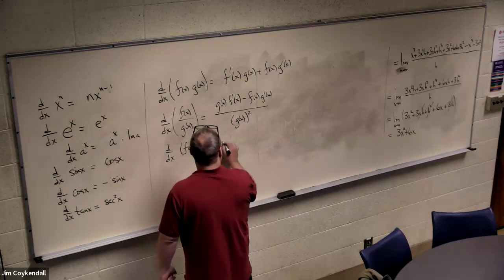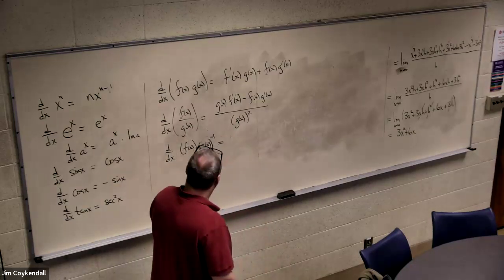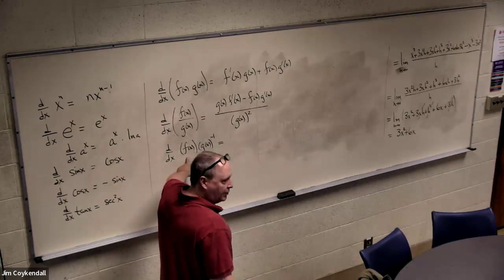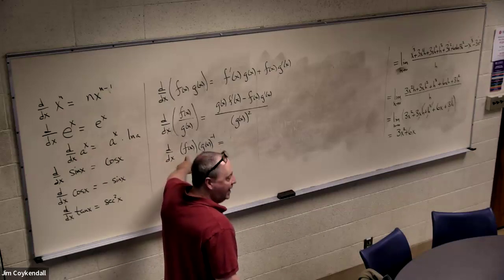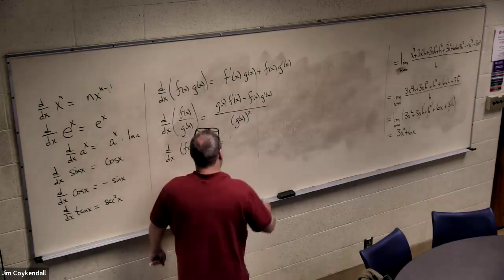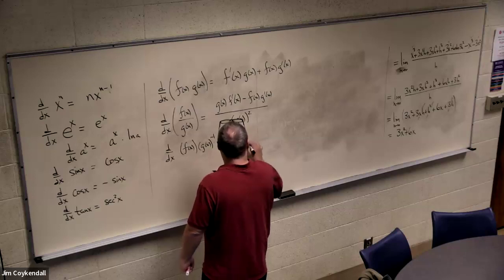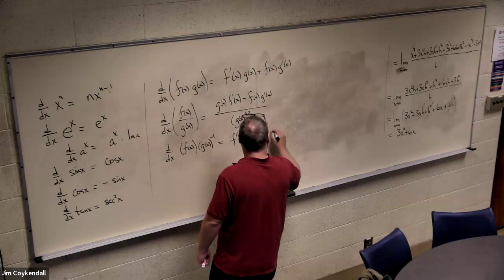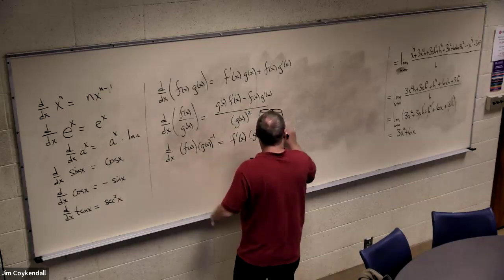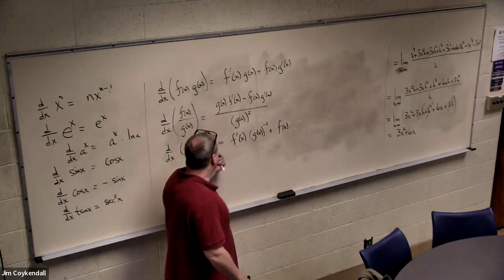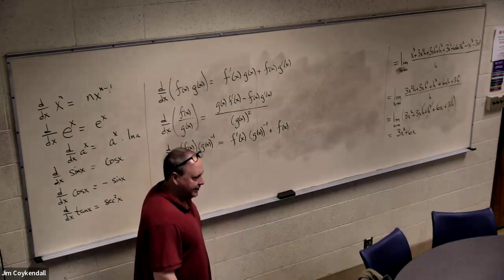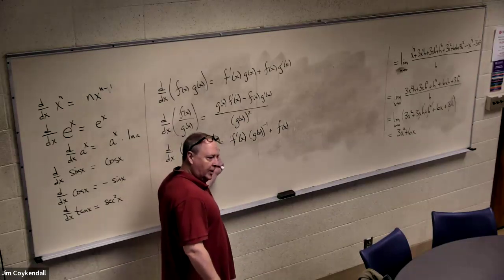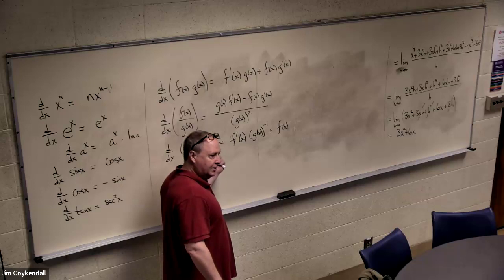Okay. Let's dissect this. What does the product rule tell me? The product rule tells me, hey, derivative of this times this other garbage plus this. Now how do I do the derivative of g of x to the minus 1?